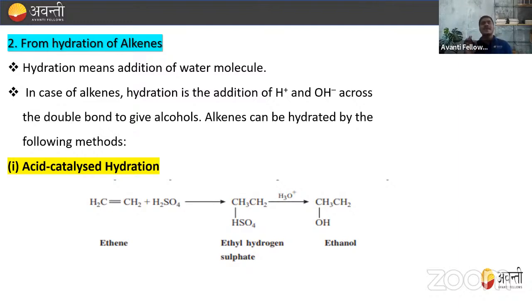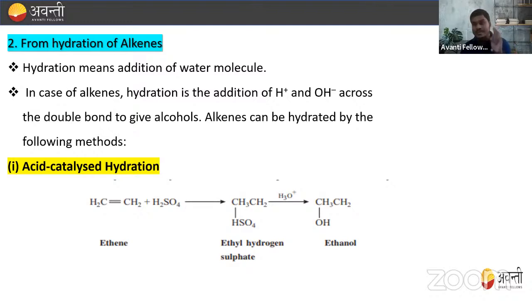Always remember this, because we know that alkenes have a double bond, with loosely bonded electrons. So in case of alkenes, hydration is nothing but the addition of H+ and OH across the double bond to give alcohol.